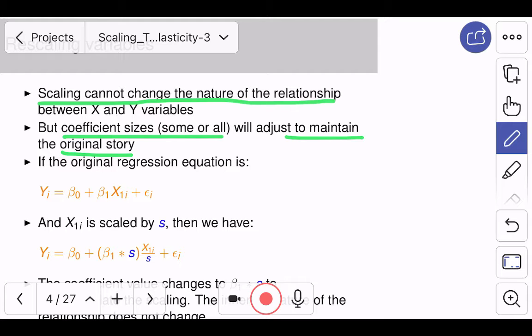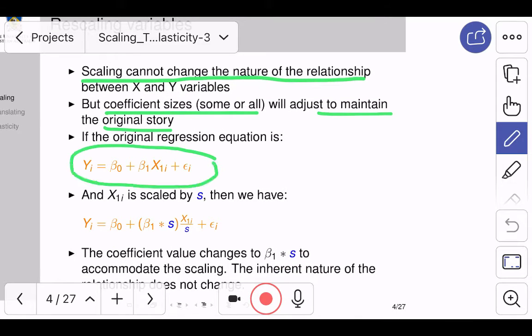So if you had an original regression where y was regressed on x1, we are writing x1 here because you might have different variables x1, x2, but you can just think of x for now.